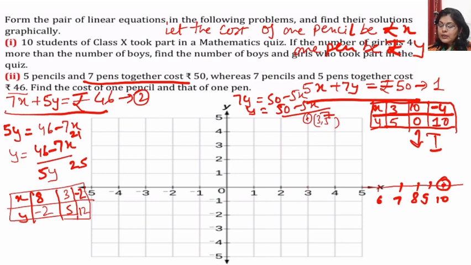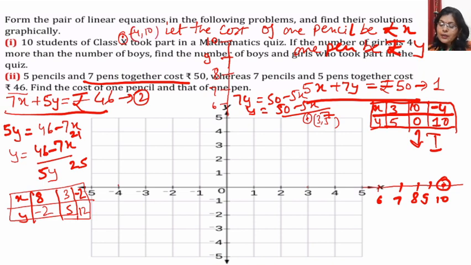Then the next is minus 4 and 10. Minus 4 is here and we will extend the line, 6, 7, 8, 9 and 10. So minus 4 and 10 is somewhere over here.